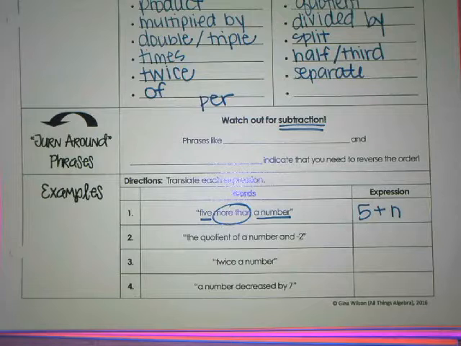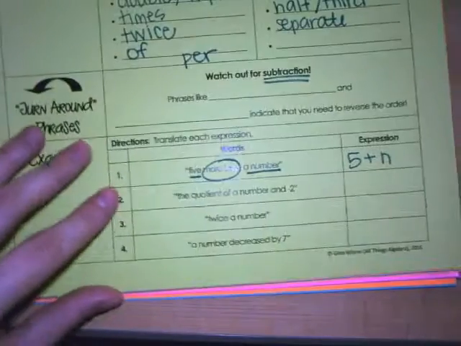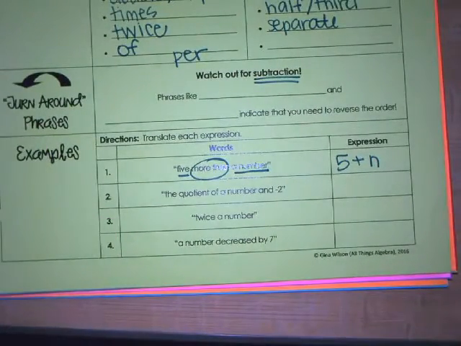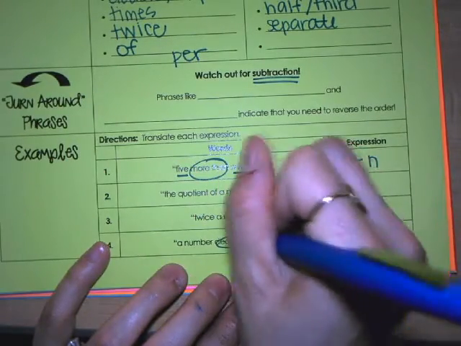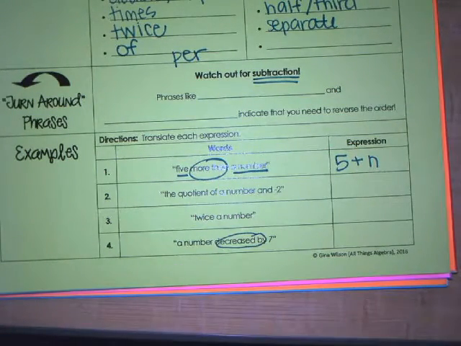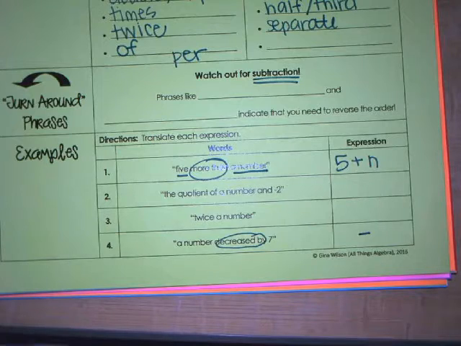There are 2 phrases that mean I need to reverse the order. Let's see if we can figure those phrases out. If we go down to number 4, what's the phrase in number 4? And decrease by means what? Okay, so I know I'm going to subtract in this problem. And it says what? What's the first phrase?